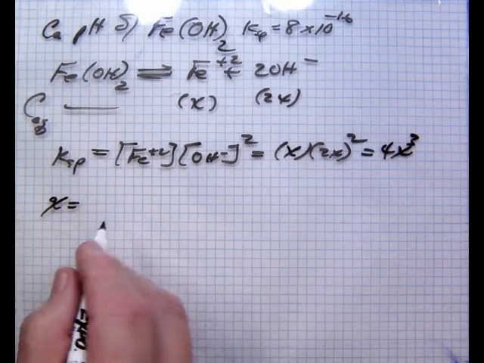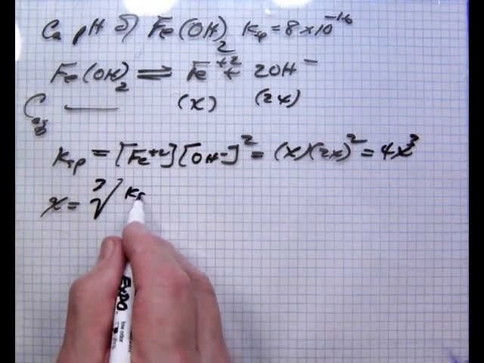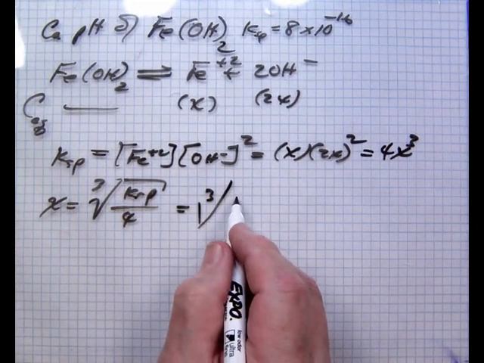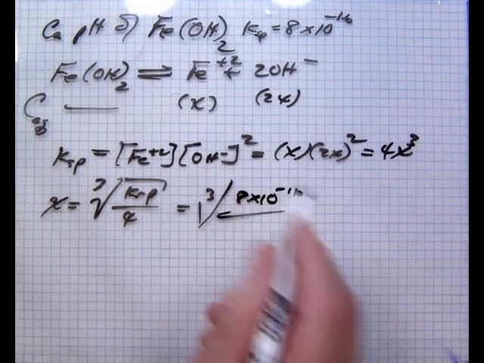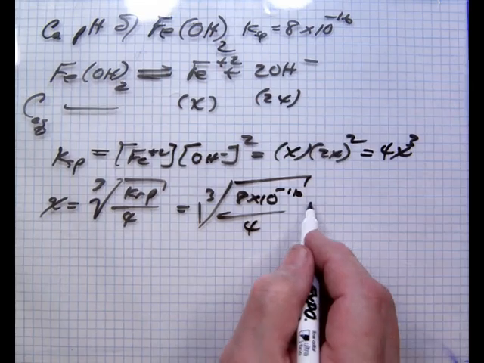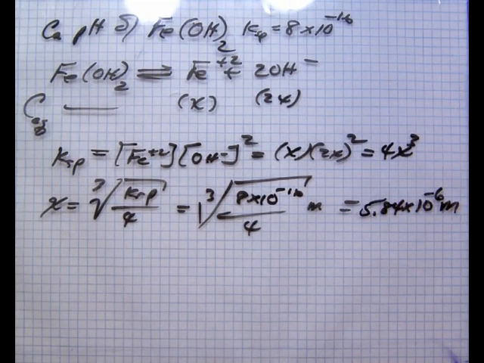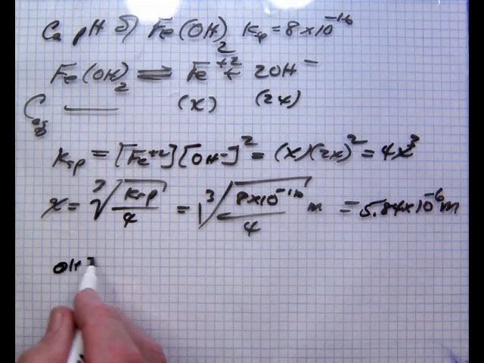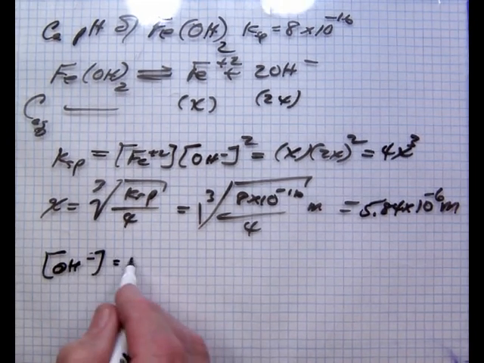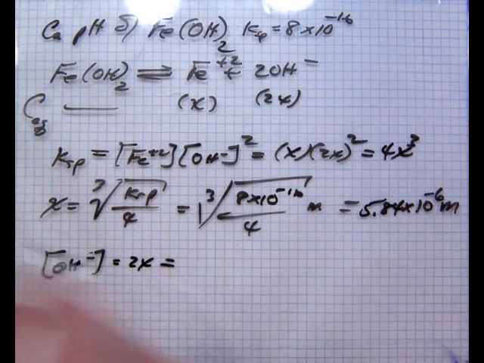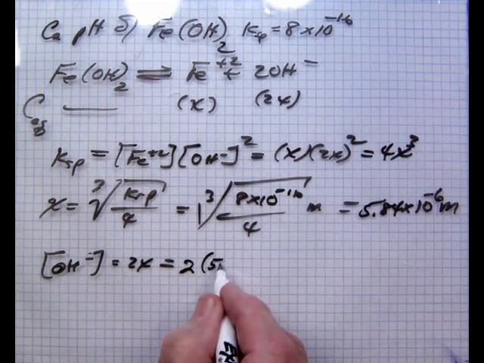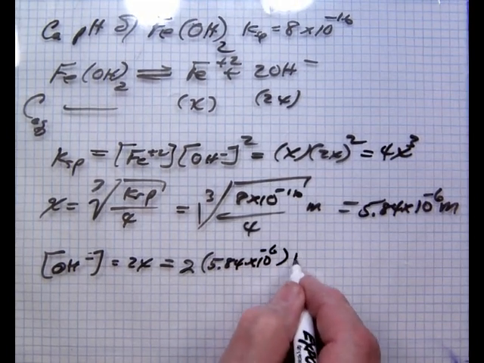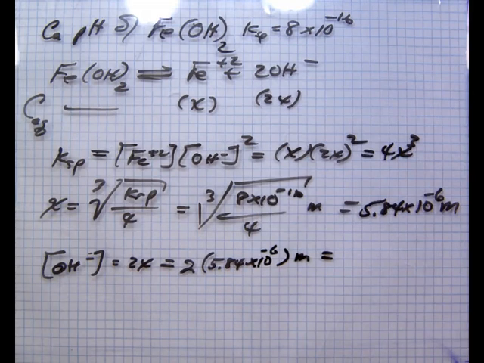So x is equal to the cube root of Ksp over 4, the cube root of 8 times 10 to the minus 16 over 4 molar. That's the solubility of x right here, but the hydroxide concentration is 2x, which is 2 times 10 to the minus 6 molar.